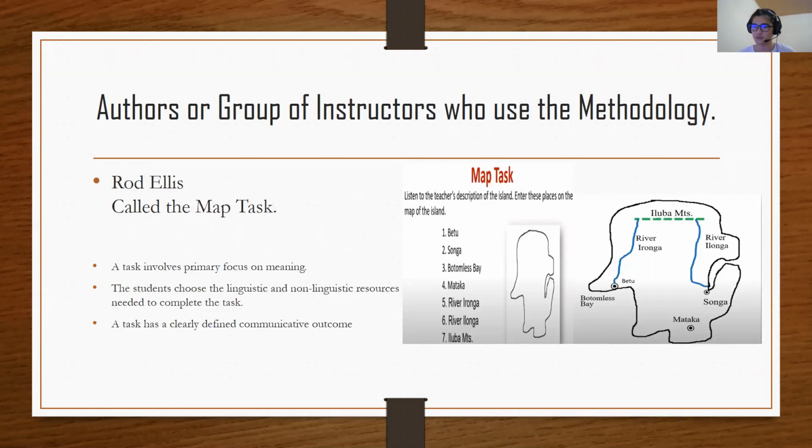So a task involves primary focus on meaning. Well, with the map task, of course, it has focus on the meaning because the students are being provided with the description of the map. So they need to use their auditory skills in order to achieve their goal, to complete all 7 places on the map. So the students choose the linguistic and non-linguistic resources needed to complete the task.